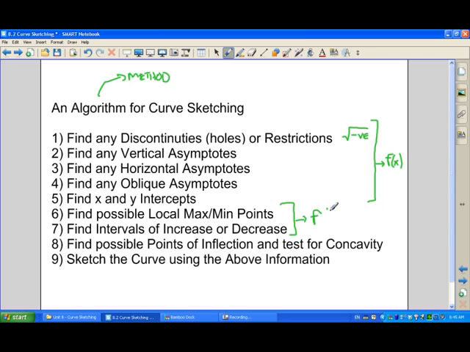So that's done with the derivative, first derivative. Then we're going to take the second derivative and identify any points of inflection and test for concavity. So that's the second derivative. And once we have all these 8 questions answered, we can accurately sketch the curve.